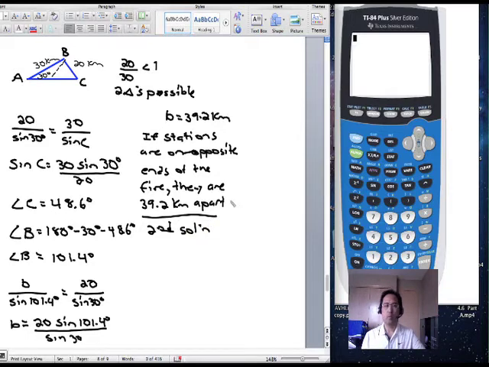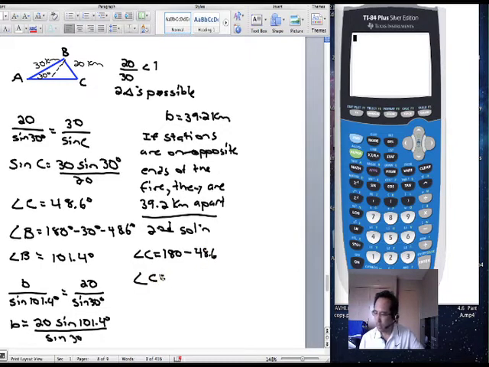Okay, so we know that as we shift over here, this makes an isosceles triangle. So if this angle is 48.6, then that angle is 48.6. So to find the inside angle of the small triangle, angle C is going to be equal to 180 minus 48.6.